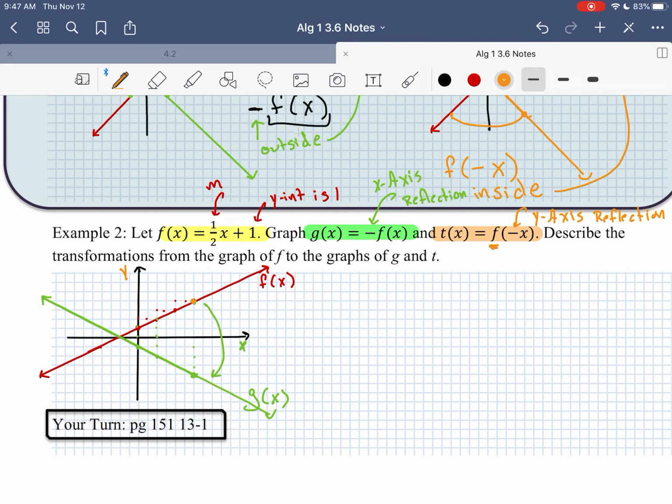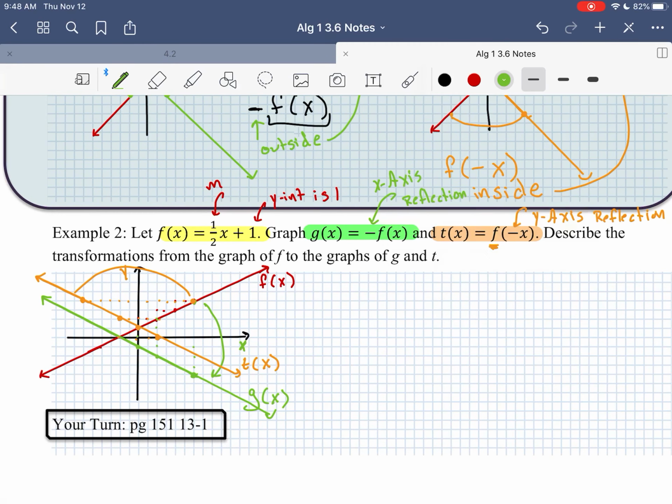This point here needs to reflect over here, so it's over 1, 2, 3, 4, 5, 6. This point here is over 2, so this one needs to go back 2. This one will stay there because it's on the axis. This one is over this way too, so it needs to go this way too. Connecting those dots, there is my y-axis reflection, so we'll label that as t of x.